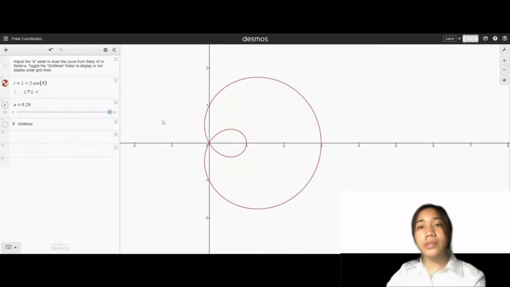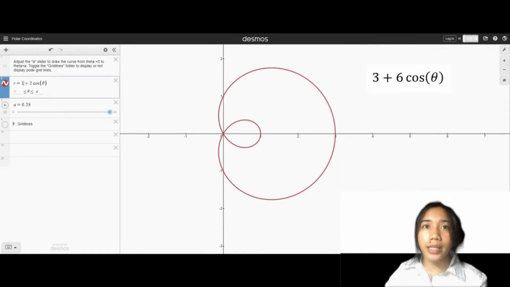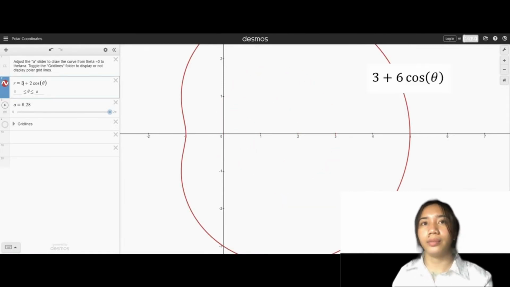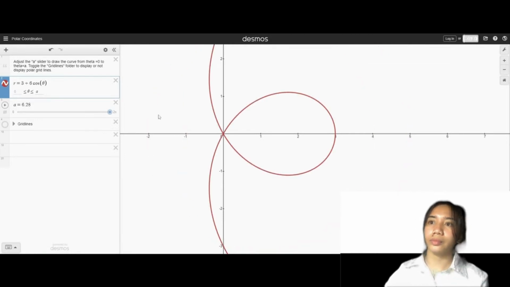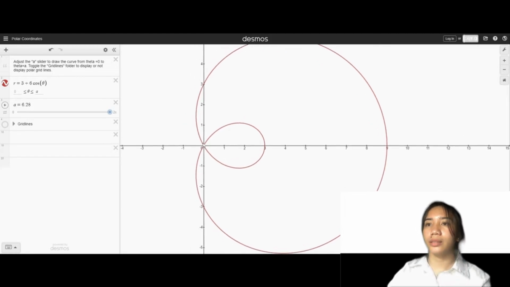The graphs that we have been using since earlier are called limacon, and the other one is cardioid. Cardioid can be created if the values of a and b are equal. To satisfy our observations, let us have this example: 3 plus 6 cosine theta.